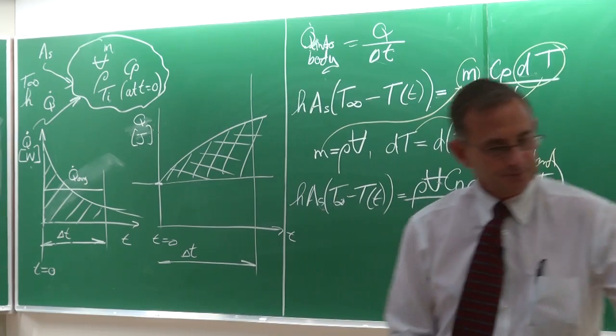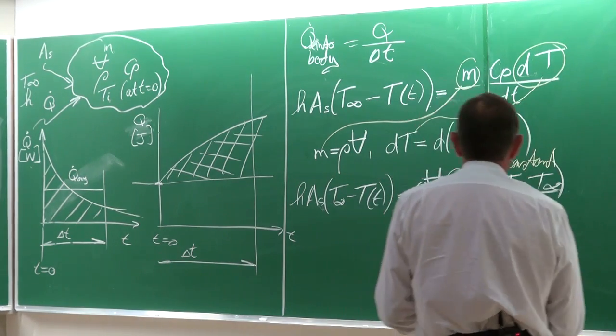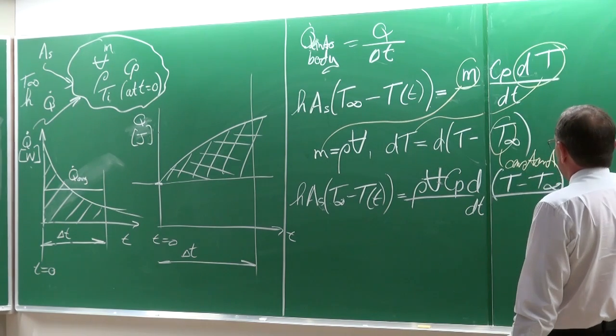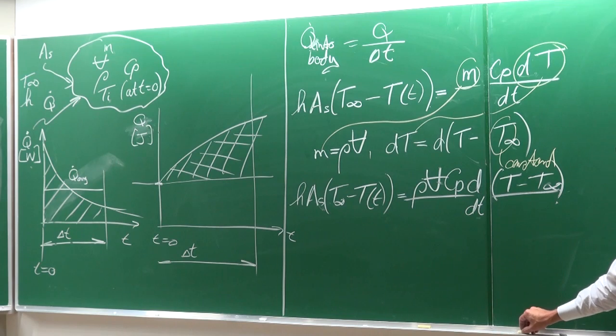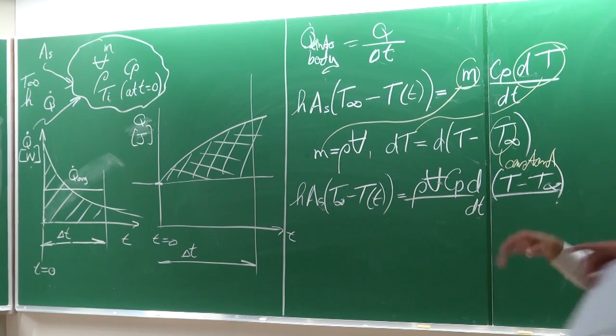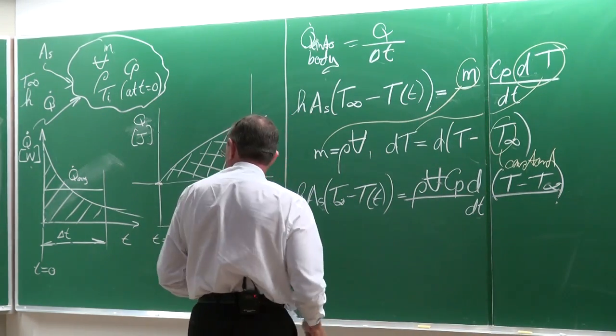Are you happy with that? Right. So maybe you can see where we're going with this: here we've got a dT and there a dt. So we would like to integrate it, so we're going to move the two terms separately. Let's put the temperature terms to the left.